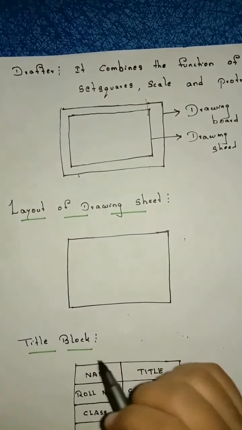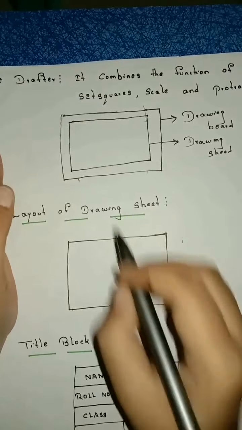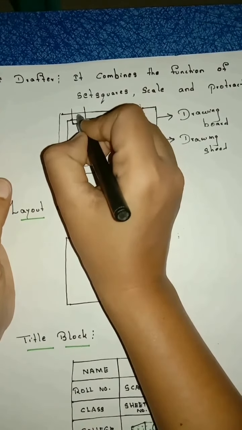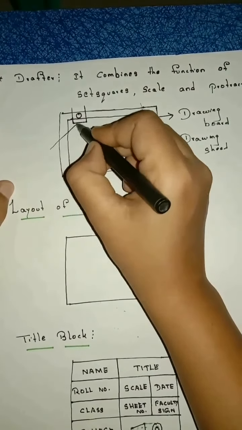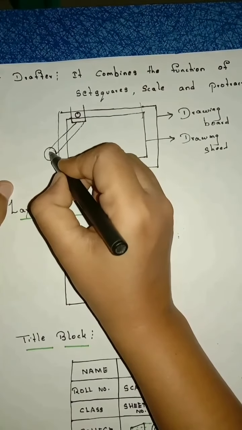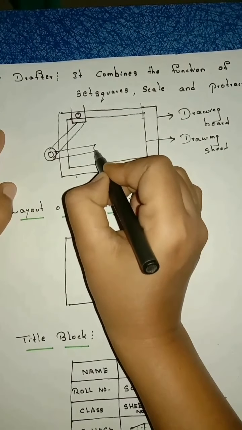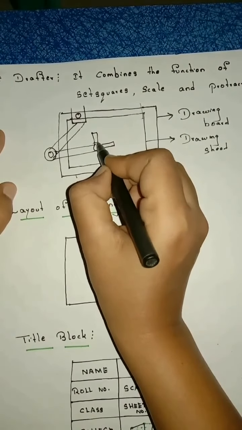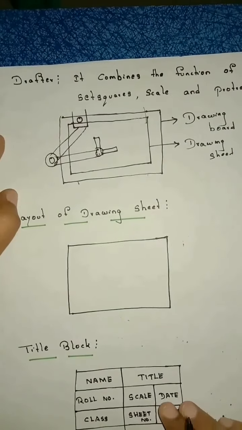Now always at the top left corner we are placing the drafter. The drafter will be like this, right?